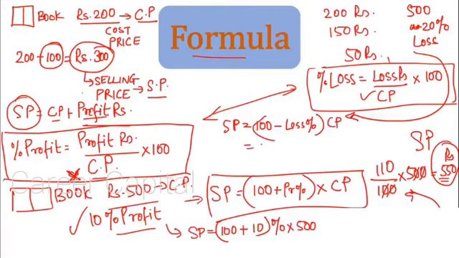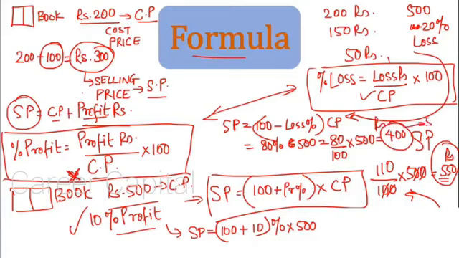So here we'll have 100 minus 20% is 80% of cost price. Cost price is 500, so that would be 80 upon 100 into 500, that would be nothing but 400 rupees. So the cost price was 500 rupees, selling price was 400 rupees, that means 20% loss or rupees 100 loss.